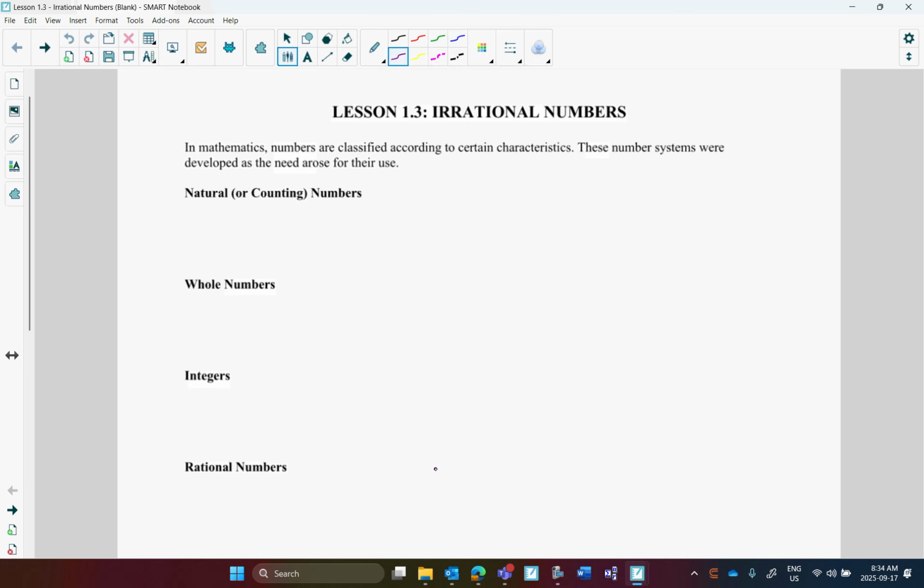we have the natural or counting numbers. Okay? So those are the numbers that we use to count. We call them capital N, and they consist of the numbers starting at 1 and going up forever. That's it.